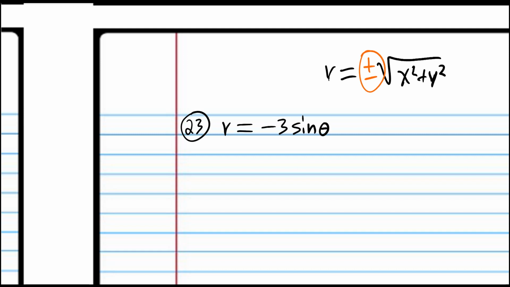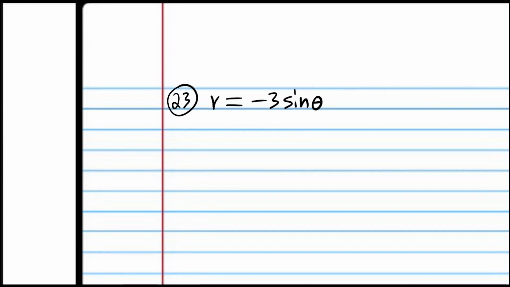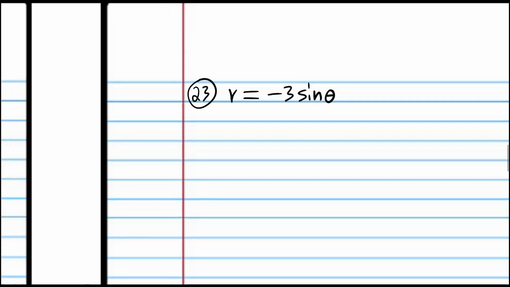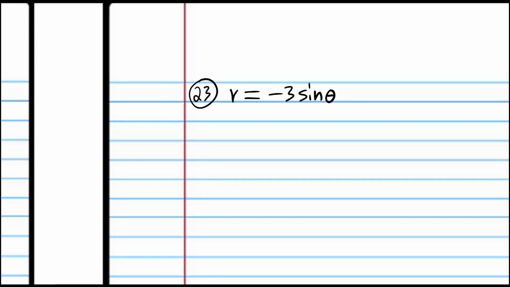So then we'll have to deal with the plus or minus, and mathematicians generally don't want to do that. So if you start by multiplying both sides by r, then you'll get r squared rather than r. And again, many times there are potential problems that occur when we multiply both sides of an equation by a variable, but in this case it's not really going to cause any problems. So try number 23. When you come back, we'll do it together.